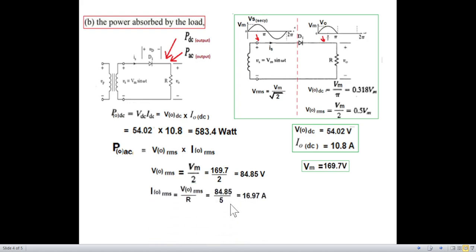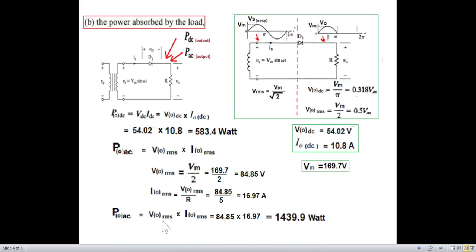And now IORMS, same formula. If we are applying VORMS, then IORMS will be VORMS divided by R, which is 5. So IORMS is 16.97 ampere. We can approximate it to be 17 ampere.